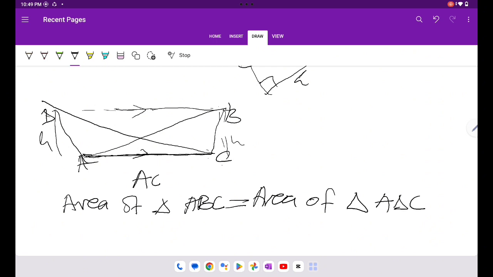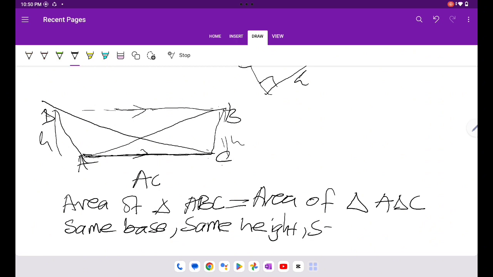We give the reason as same base, same height, because they are under the same parallel lines.